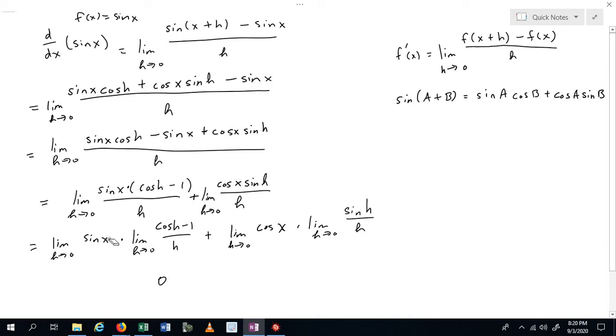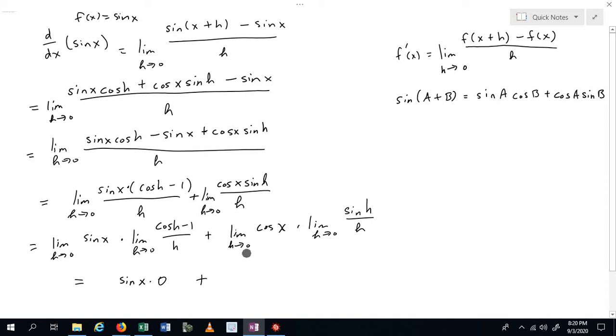This is a fixed value. Think of x as a fixed value. As h goes to 0, x is not changing, only h is. And so as h is going to 0, this remains sine of x, no matter what h is. And so you end up with sine of x times 0 here, which of course is just 0.